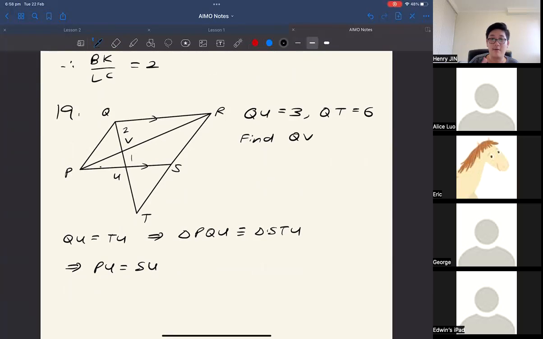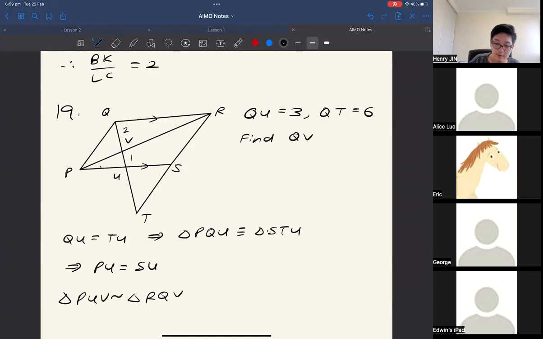And now you see how we reverse engineer our answer for 2, yeah? Because if PU is equal to SU, now you know the ratio of this triangle, yeah? So triangle PUV is similar to triangle RQV, yeah?